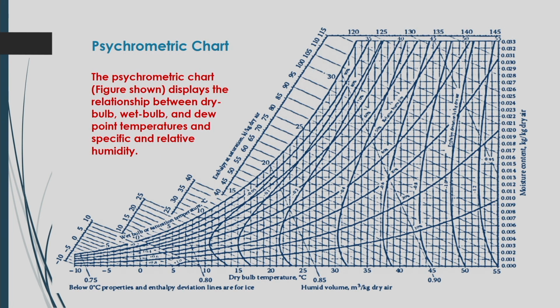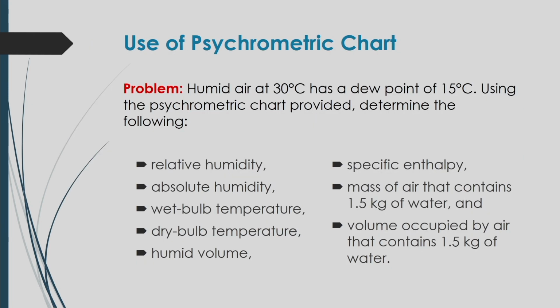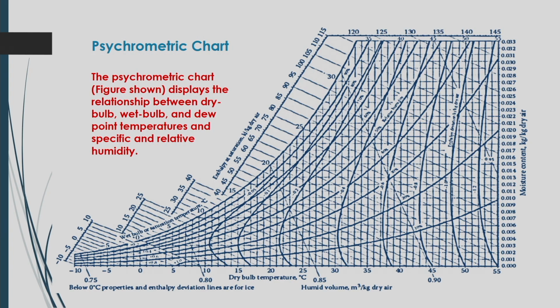Now, here a psychrometric chart is given to calculate humidity. It shows the different components: the dry bulb temperature, the dew point temperature, how the enthalpy at saturation condition can be calculated, what the wet bulb or saturation temperature should be, how to calculate the absolute moisture content, and how the humid volume is defined.